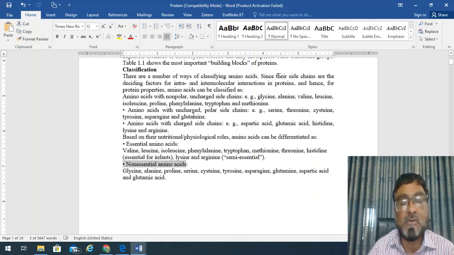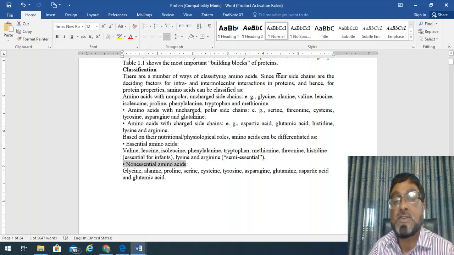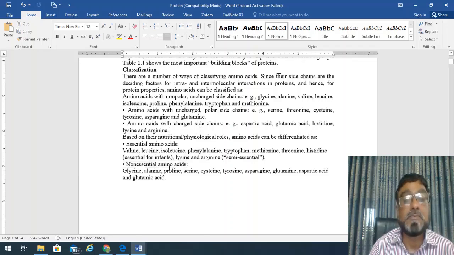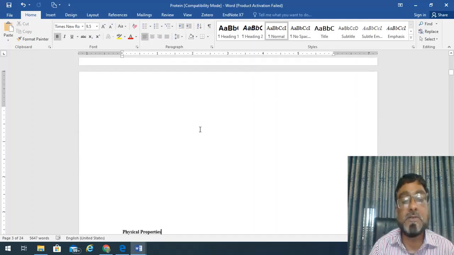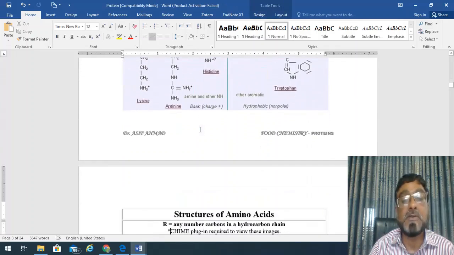We will be looking at all of these in the chemical structures of the amino acids. Then amino acids with charged side chains are aspartic acid, glutamic acid, histidine, lysine, and arginine. These will be clearer in the structures of the amino acids.